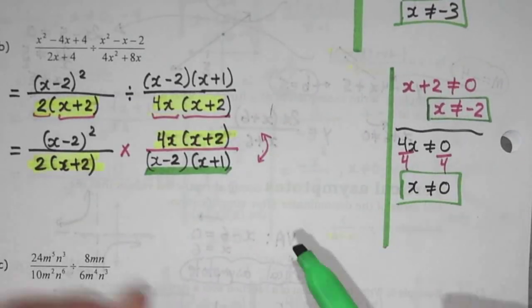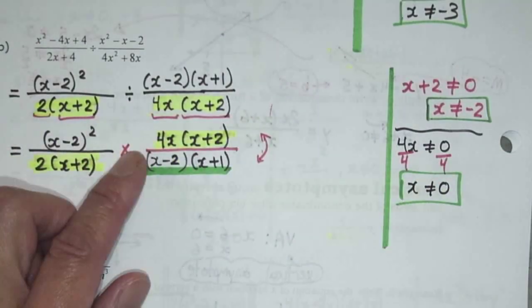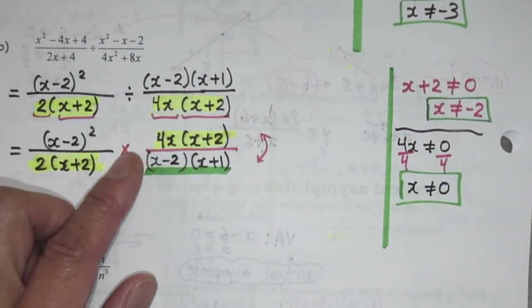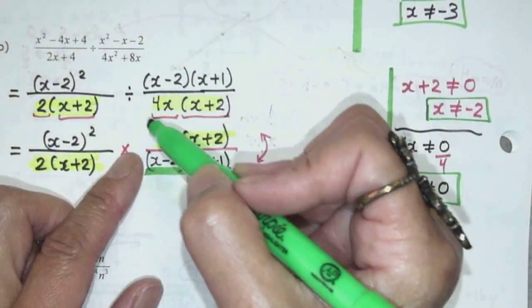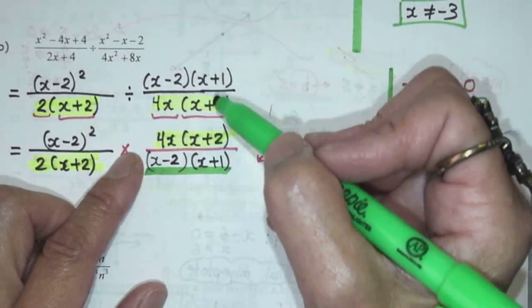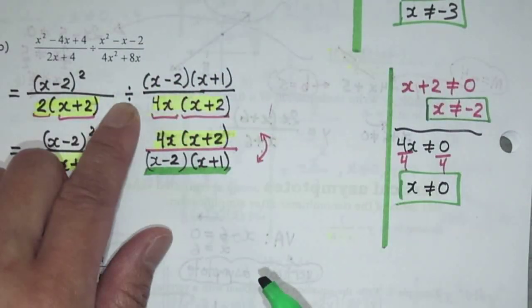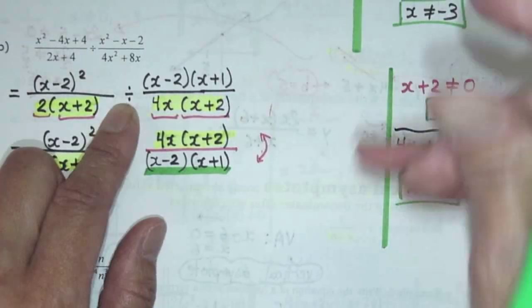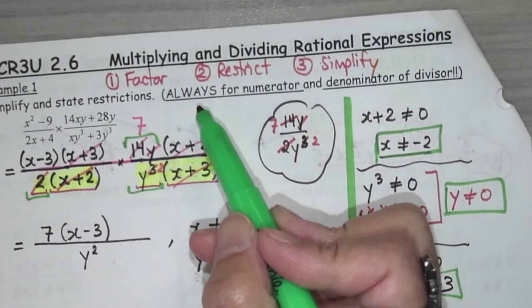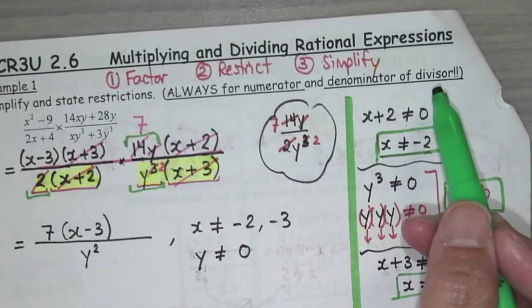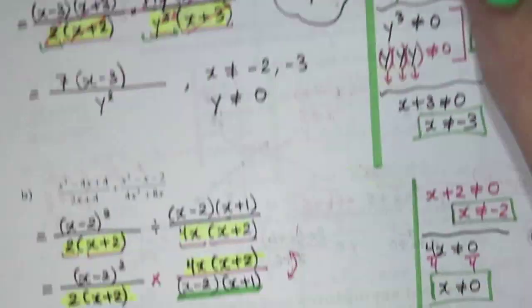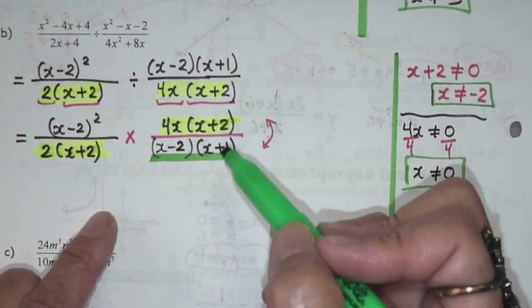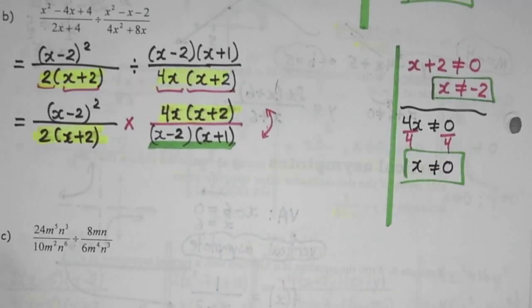Now think about it this way. When you divide, am I allowed to divide by 0? No. So the whole thing cannot equal 0, either top or bottom. So as soon as you see division, you need to restrict everything. That's what this was saying: always restrict numerator and denominator when it's a divisor. When you're dividing, you want to restrict the top and the bottom.